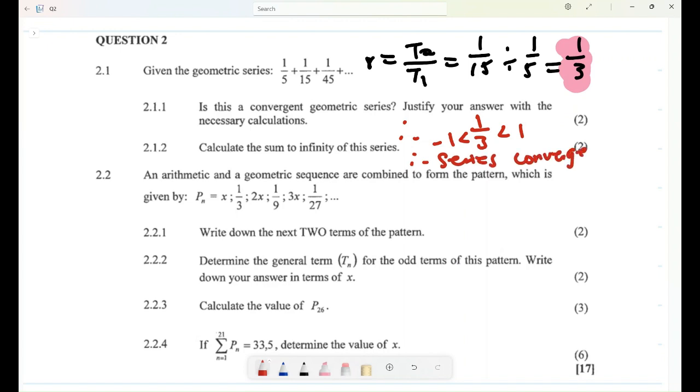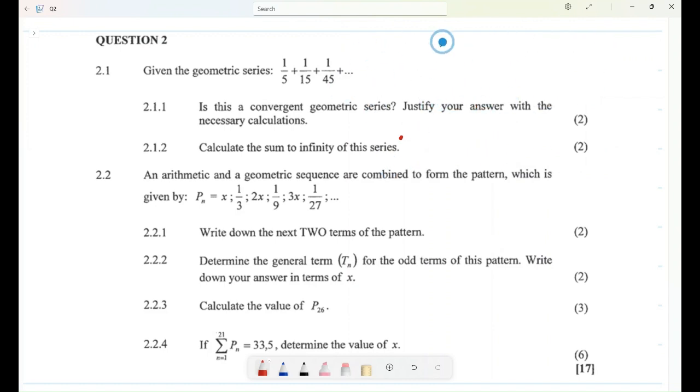Converge. Or you can say r is between -1 and 1, because you have already shown what r is equal to. So every time you are asked to prove whether a series converges or not, just find the value of r and see if it lies in the interval -1 to 1.